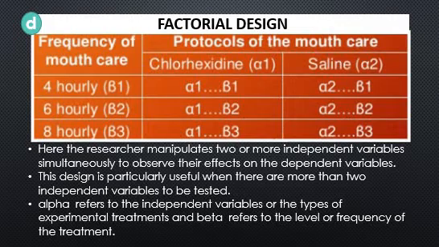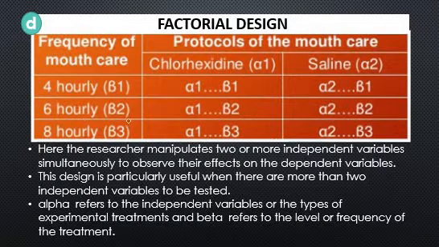Next is factorial design. In factorial design, the researcher manipulates 2 or more independent variables simultaneously to observe the effect on the dependent variable. This design is useful when there are two or more independent variables, called factors, to be tested.